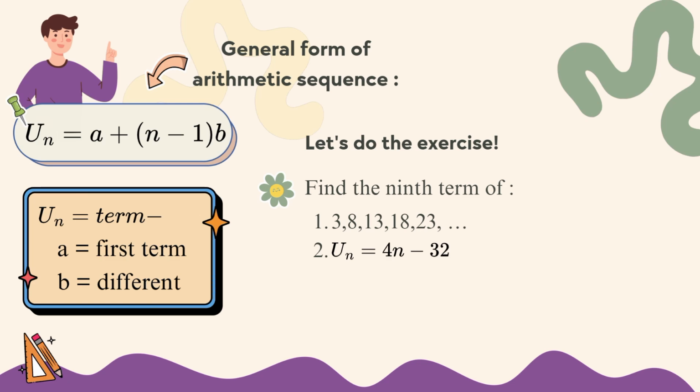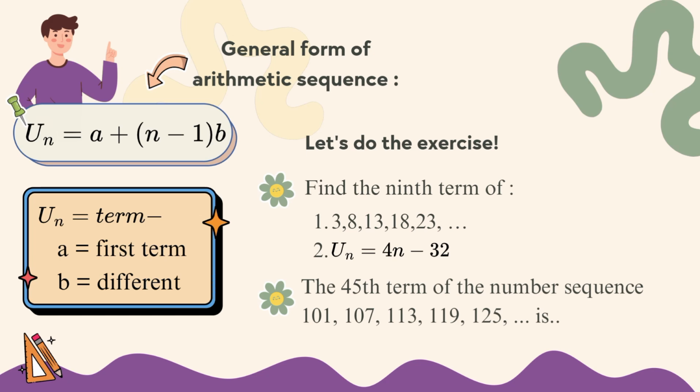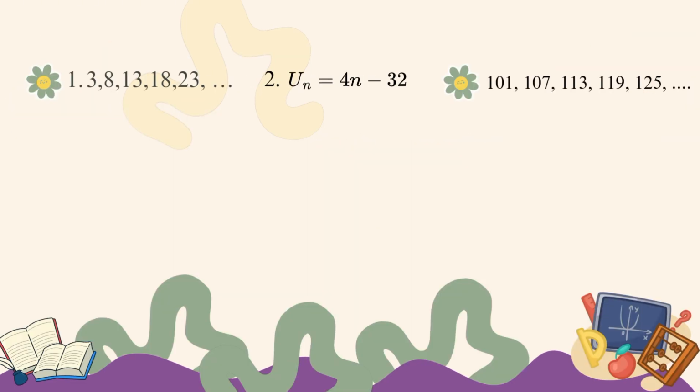Number 2: find the ninth term of U sub n equals 4n minus 32. Number 3: find the 45th term of the number sequence 101, 107, 113, 119, 125.